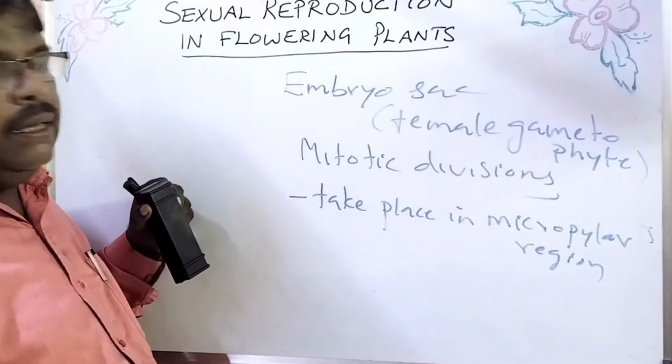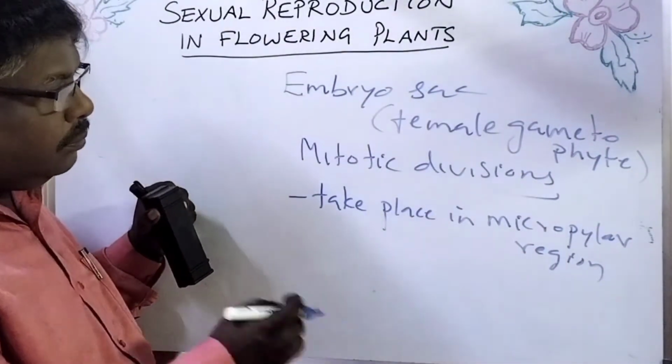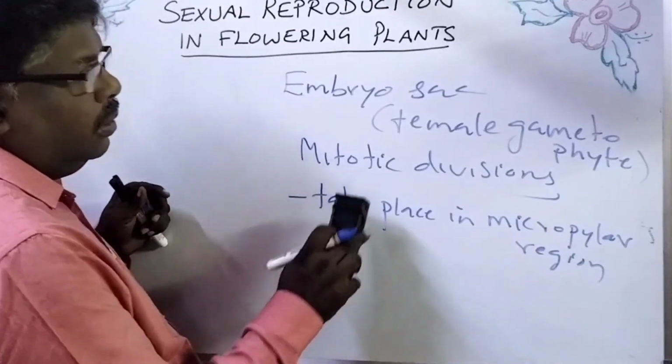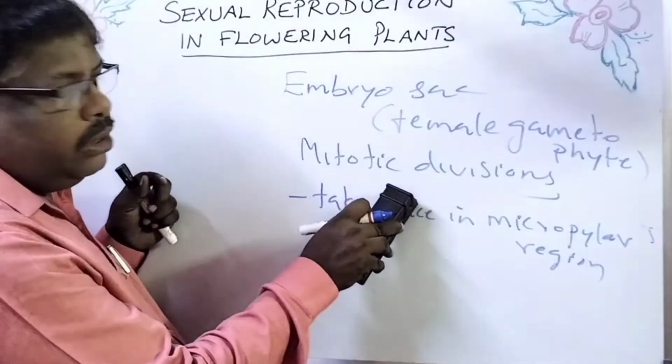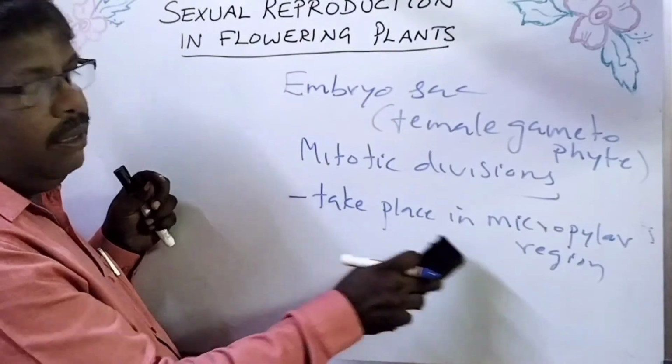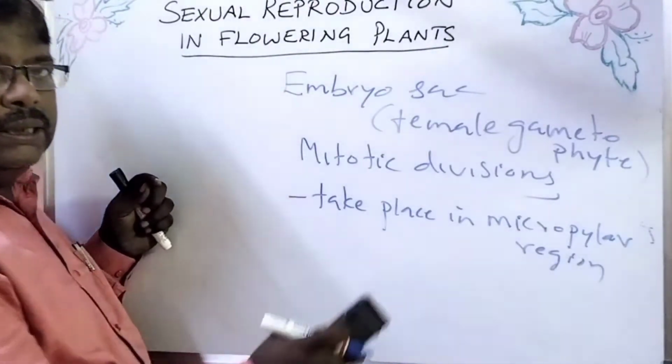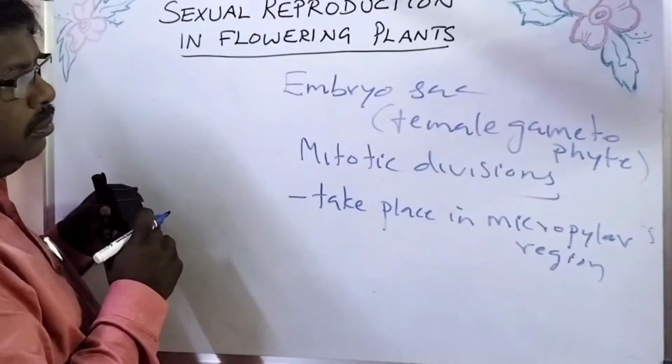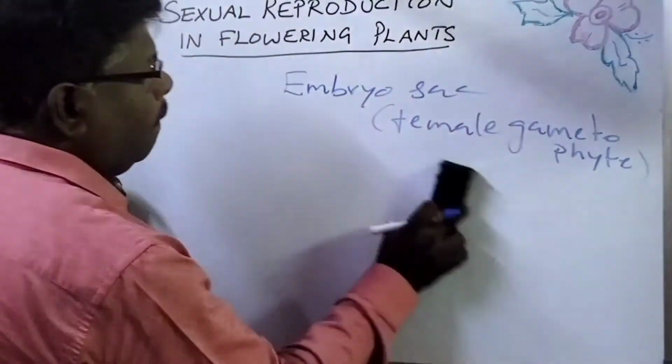So the megaspore will undergo mitotic division, and initially it takes place in the micropylar region. This will give rise to three different stages.